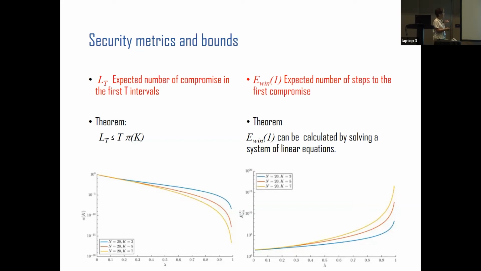The number of times that the system is compromised decreases. Similarly, the amount of time it requires for the system to be compromised increases. So it looks like the faster the defender moves the subset of wires that they choose in every time slot, the more secure the system is, which is also intuitive, because if we change more, we expect to be more secure.